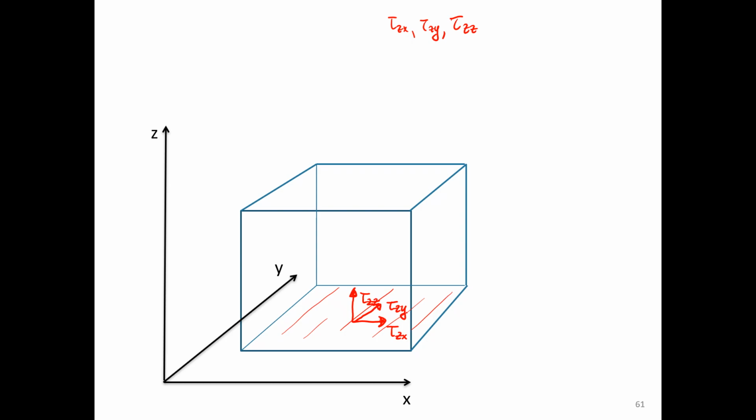Are there questions about this? Again, you have to find a way to memorize these things. You know how we talked about the convention last time? I thought that tau zy would be the opposite.